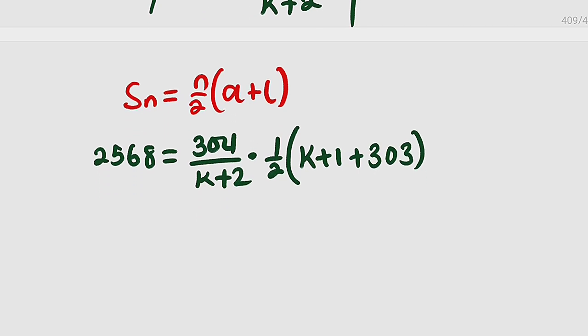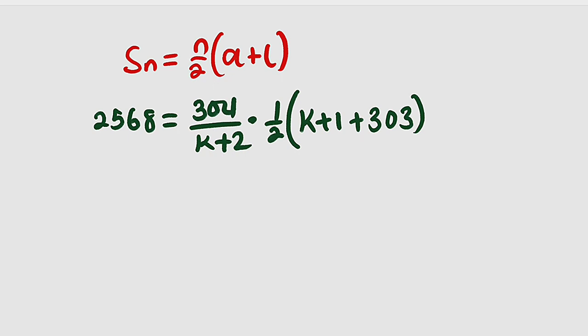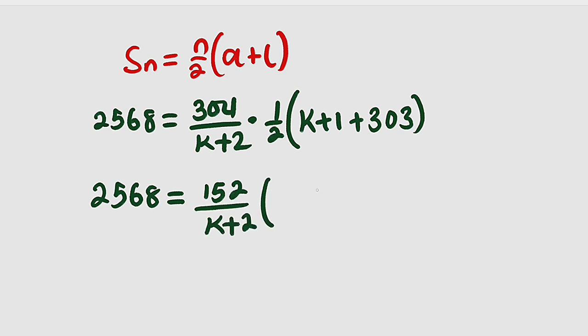So we simplify and find the value of k. I can use this 2 to divide 304, which gives 152 divided by k plus 2, multiplied by k plus 304, because 1 plus 303 is 304.